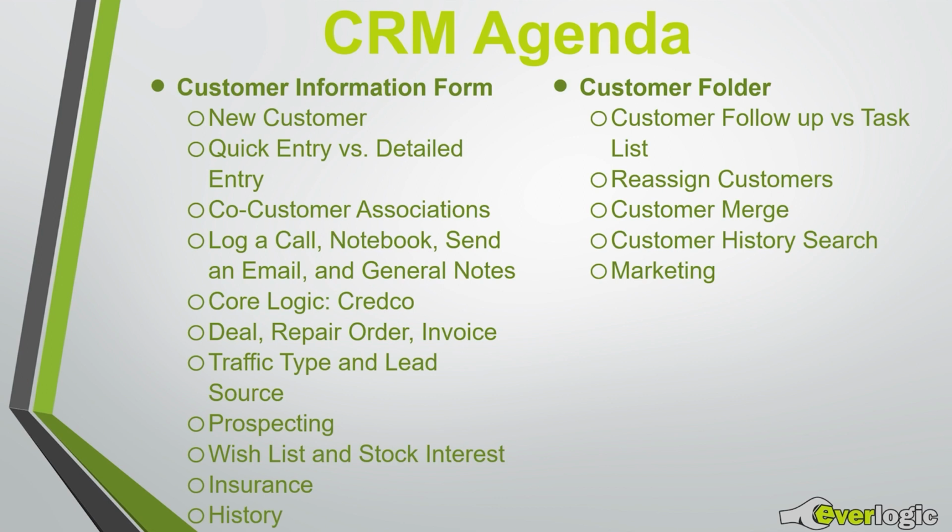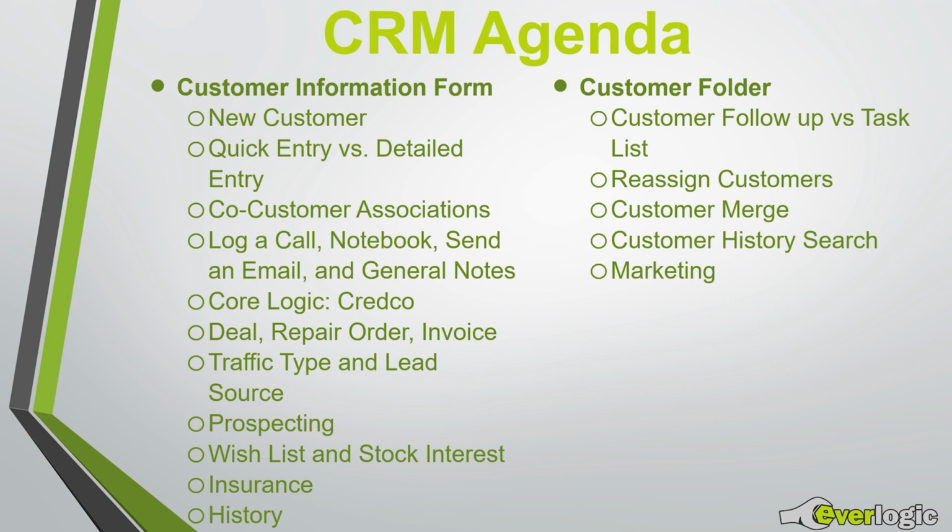I also talked to you about setting up and requesting a credit bureau check through the CoreLogic icon. Now, I will mention you do have to be affiliated with Credco in order to pull those credit bureaus in EverLogic through CoreLogic.